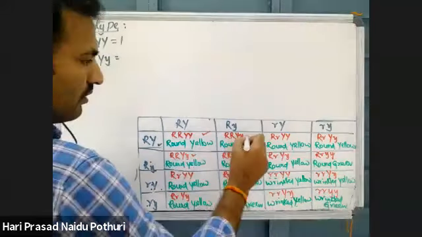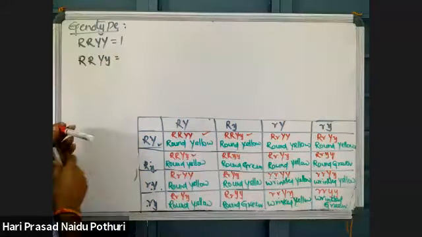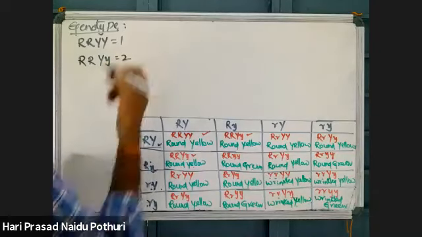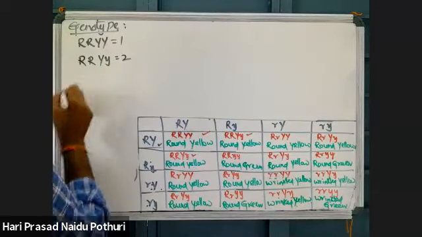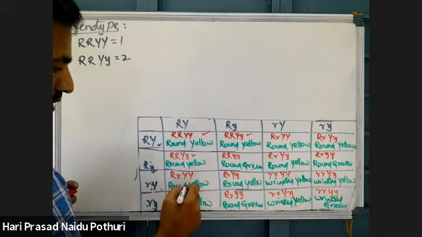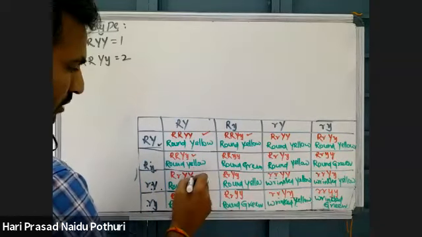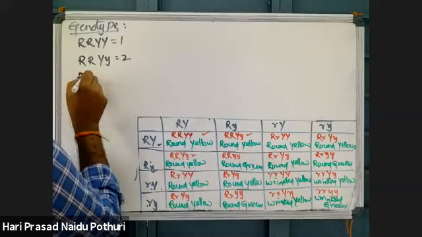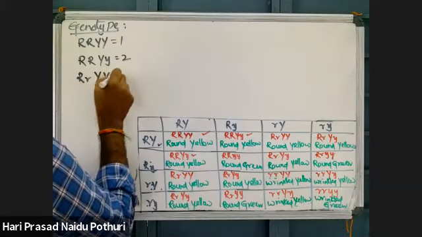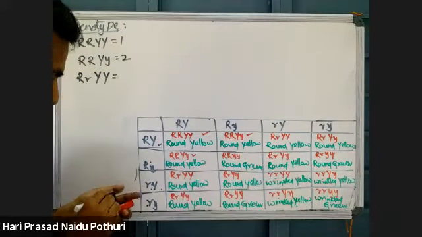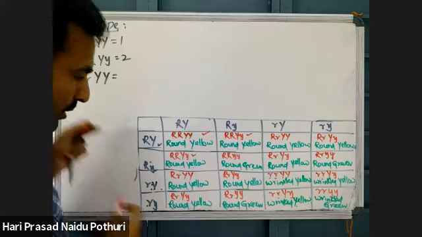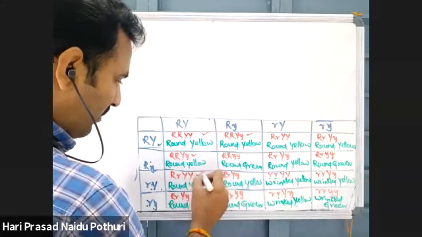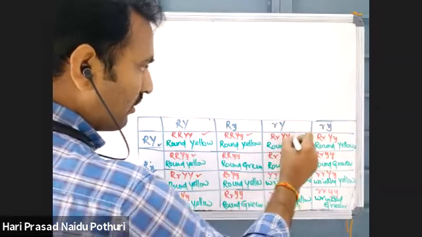This is one, this is one. So how many are formed? 2 are formed. Then the third one, capital R, small r, capital Y, capital Y. Capital R, small r, capital Y means here one, here one.